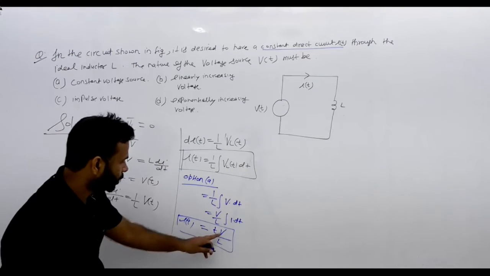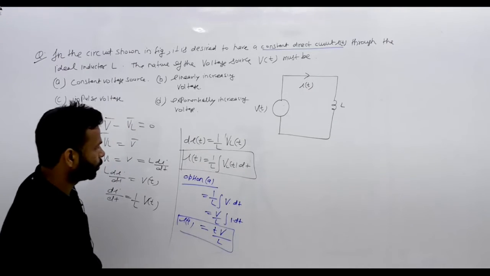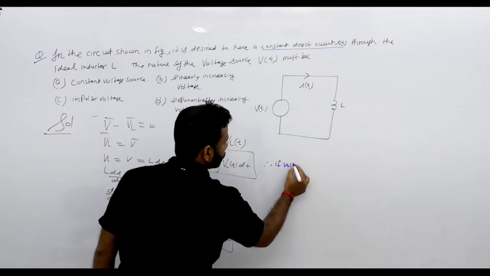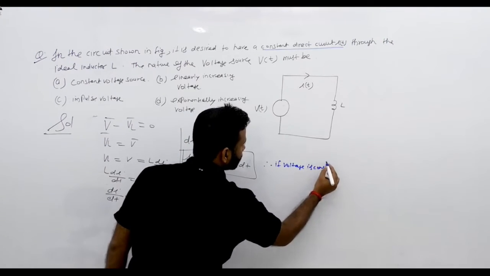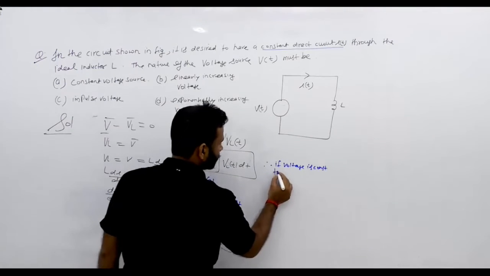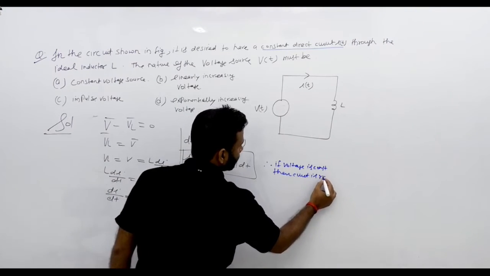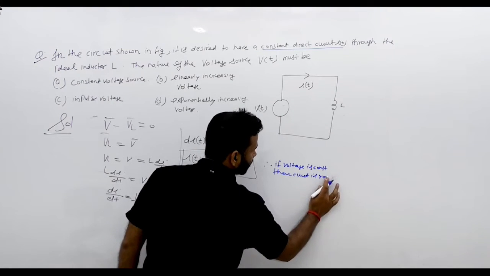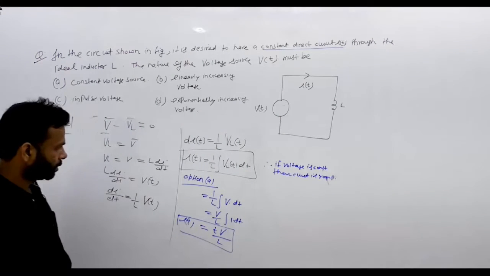ओके अगर वोल्टेज कांस्टेंट है तो करंट जो है वो रैंप आ गया। If voltage is constant, then current is ramp. आई थिंक ये सब लोगों ने आपने पढ़ रखा होगा कि व्हाट इज स्टेप फंक्शन, रैंप फंक्शन, इम्पल्स फंक्शन, द सिंगुलरिटी सिग्नल.